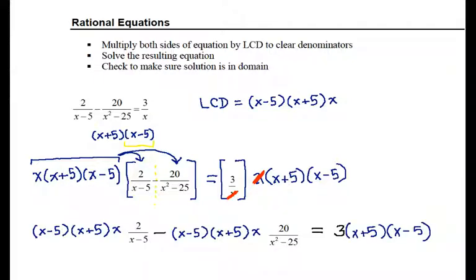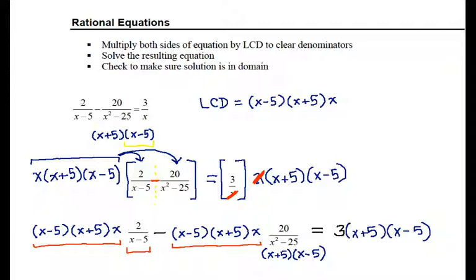So, writing this out the long way, we can see that we have the whole LCD multiplied by the first rational term, and then because these are separated by subtraction, I put a subtraction here, the whole LCD again multiplied by the second rational term. And in fact, I'm going to write the denominator in its factored form here because it's a little bit easier to see the cancellation this way.